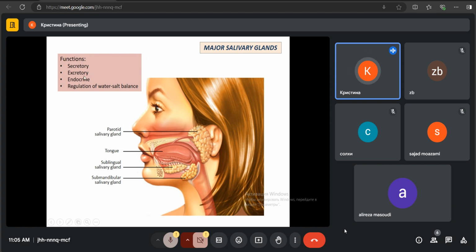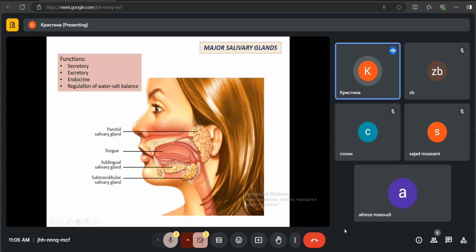Excretory function, it means that through the salivary glands, some toxins and wastes can go out from our body. This function increases when the major excretory systems fail, such as kidneys. So in kidney disease, the salivary glands will excrete more toxins and wastes. Endocrine function. The salivary glands also produce some hormones and biologically active substances.